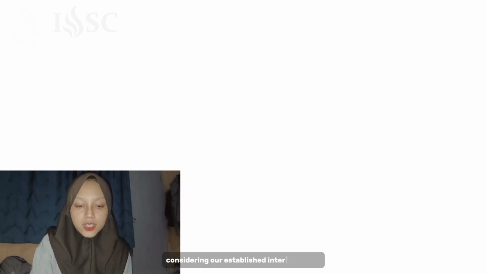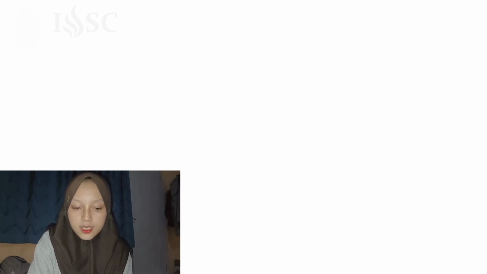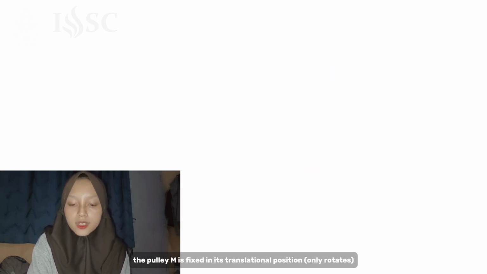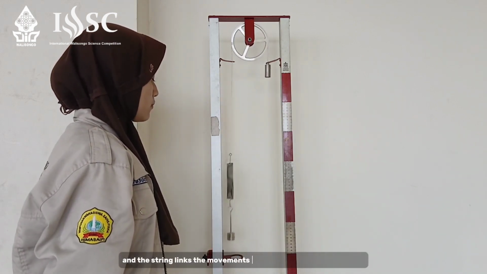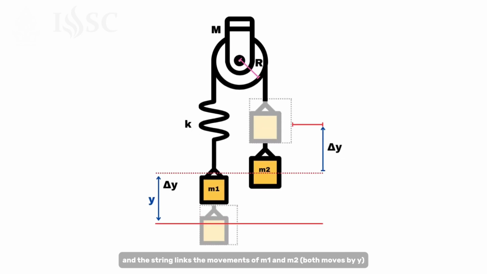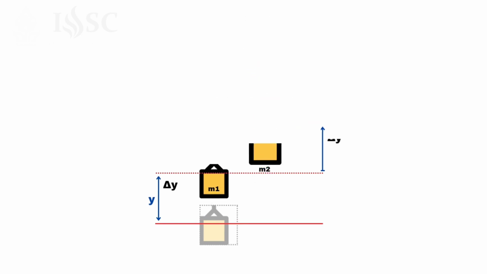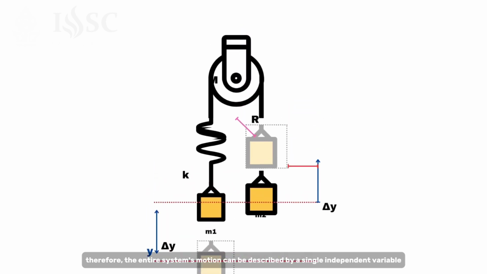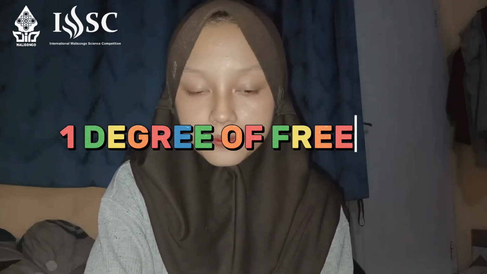Okay, considering our established interpretation, the pulley M is fixed in its translational position and only rotates, and the string links the movement of M1 and M2, and both of them move by y, and the non-slip condition links the rotation of the pulley to the linear movement of the mass. Therefore, the entire system's motion can be described by a single independent variable. So the system has 1 degree of freedom.